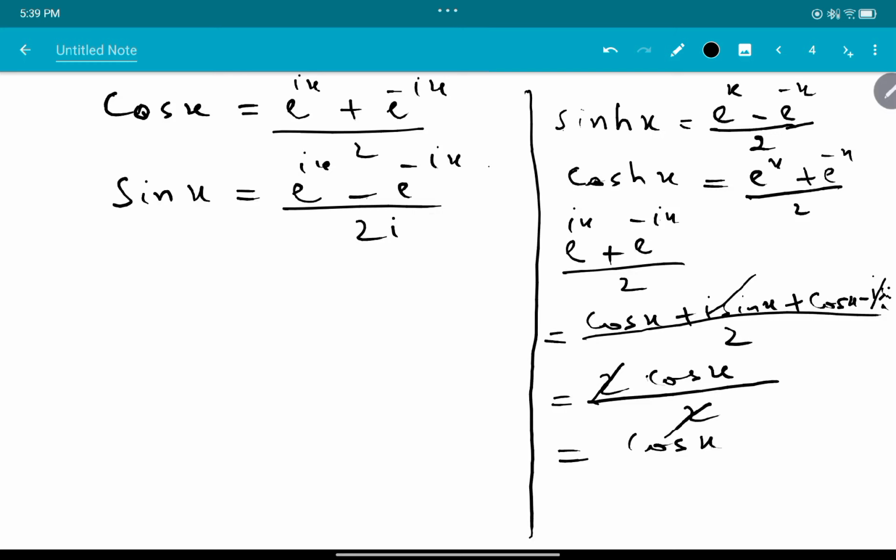Now there is an interesting relation. Here we have hyperbolic sin x and hyperbolic cos x.